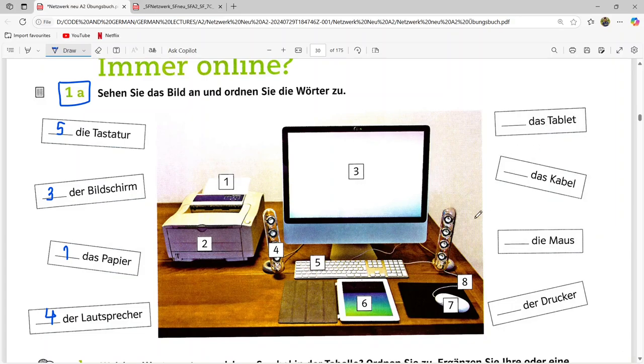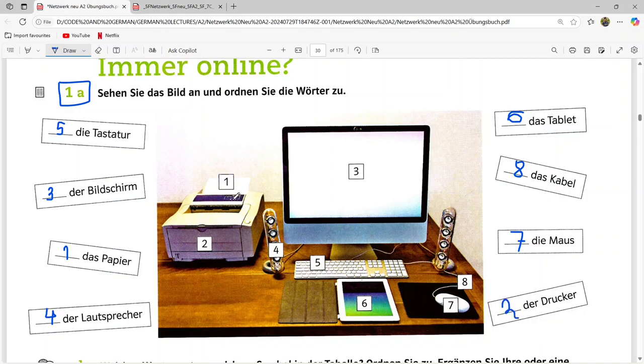Das Tablet. Tablet is this one. Number 6. Das Kabel. Kabel is cable. So this one is cable. So cable is number 8. Die Maus. Mouse is this one. Mouse, number 7. Der Drucker. Drucker means printer. So printer is number 2.